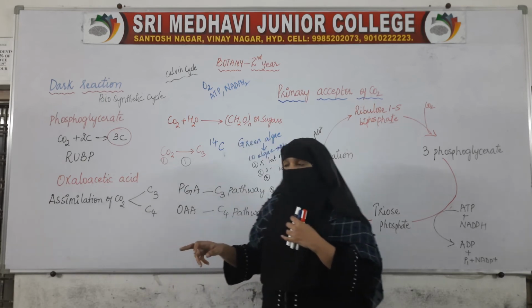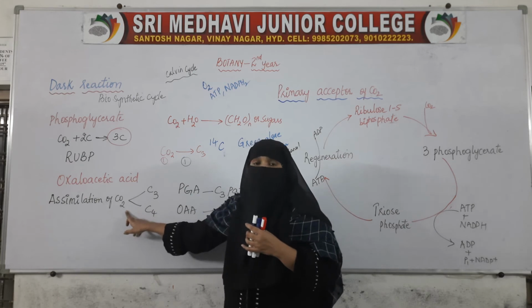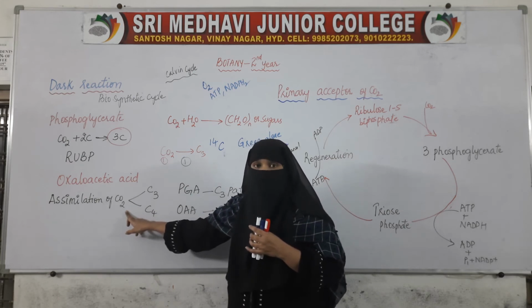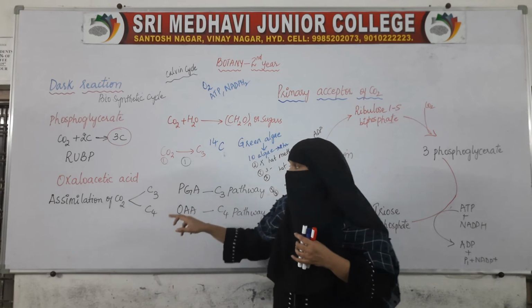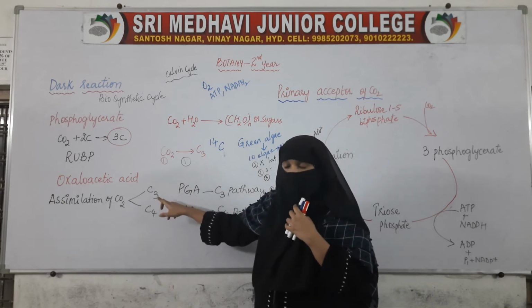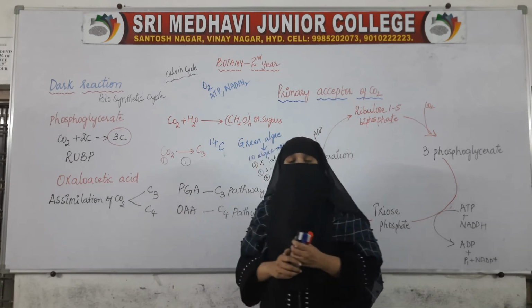Based on the assimilation of carbon dioxide, the scientists said that plants can be of 2 types: C3 plants and C4 plants.